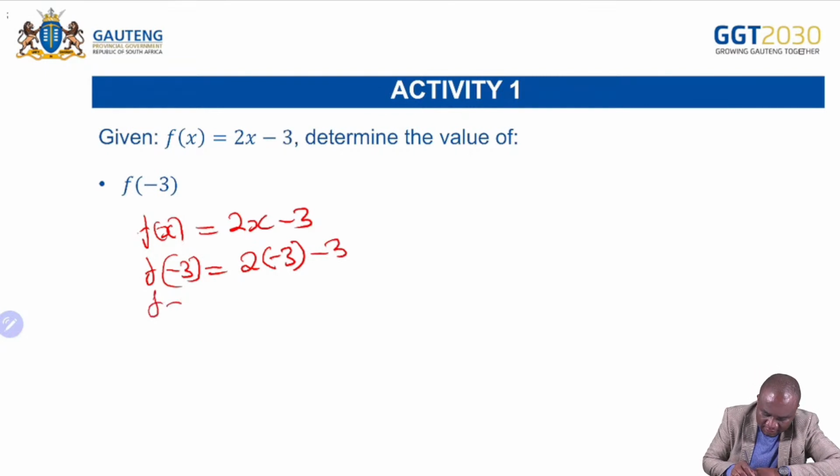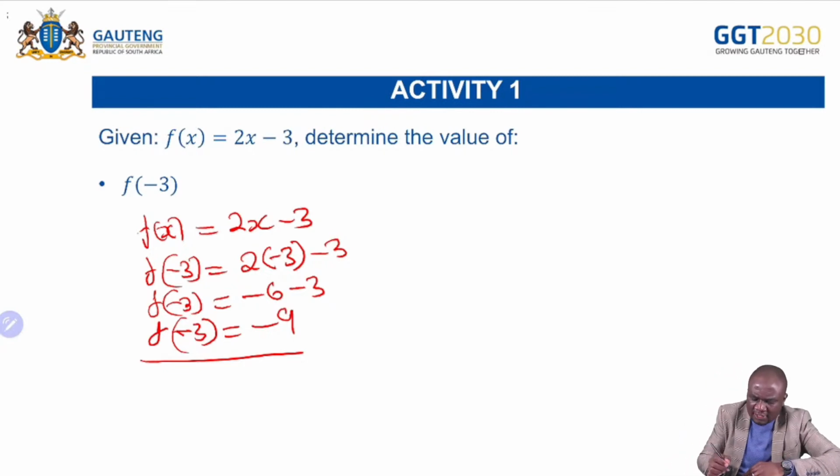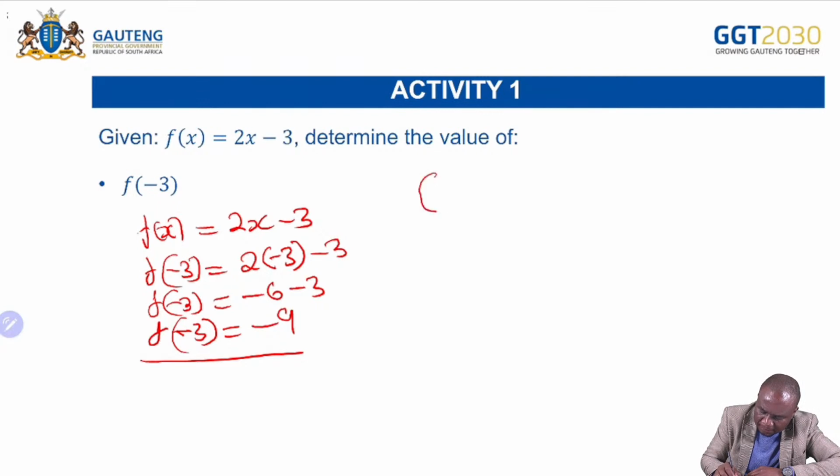Then f of negative 3 is equal to negative 6 minus 3, which is negative 9. You see that? So if the input value is negative 3, the output value is negative 9. We can even write it as an ordered pair: negative 3 gives us negative 9.